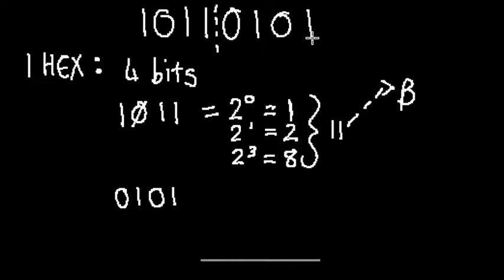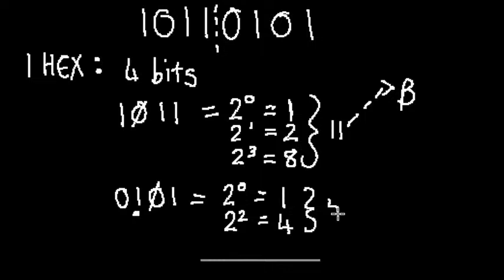Now let's take the next 4 bits. So this one is 2 to the power of 0, which is 1. We're going to ignore that. This one becomes 2 to the power of 2, which is 4. We add these up and we get 5.